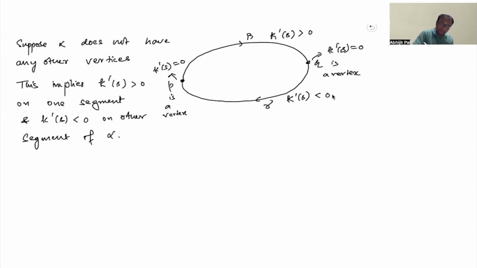So without loss of generality, let us assume, let this k prime s be greater than 0 on beta and k prime s less than 0 on gamma.